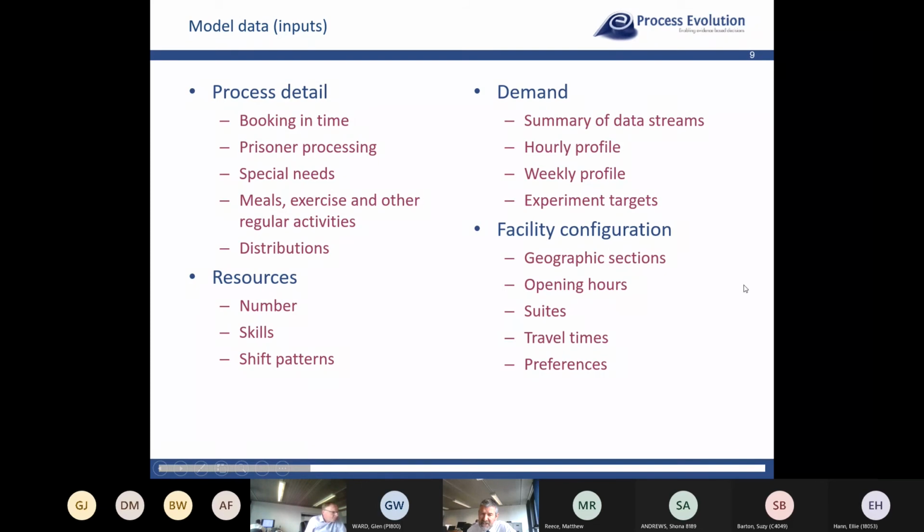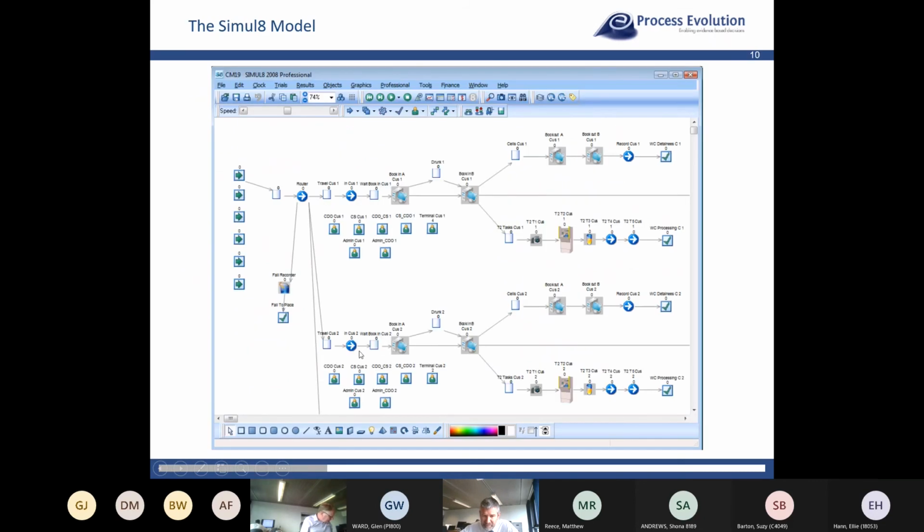In terms of facility configuration, we can put in the geographical sections, or the beats, the BCUs where people are arrested, the custody suite opening hours, the travel time data, and preferences such as which custody suite they should go to. Normally you're sending the person to the nearest available custody suite, and that's what you're setting there.